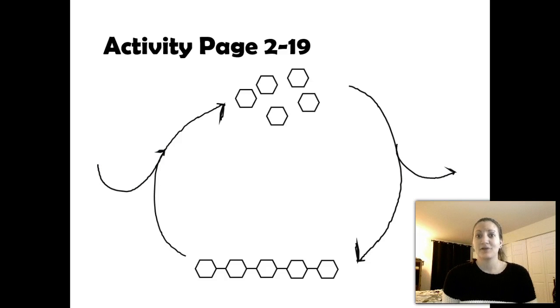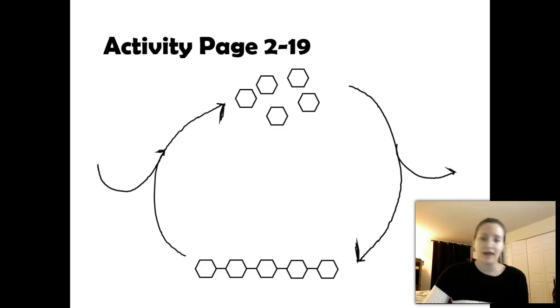Okay, so hopefully all of you have completed this activity, and I've redrawn it here. So the first question asks what process is going on from A all the way down to C. So here we have single molecules going to one larger molecule, and that process is called synthesis. So synthesis is the creating of a larger molecule.